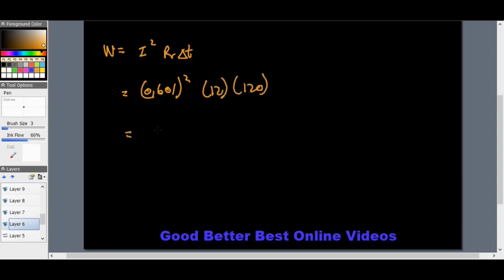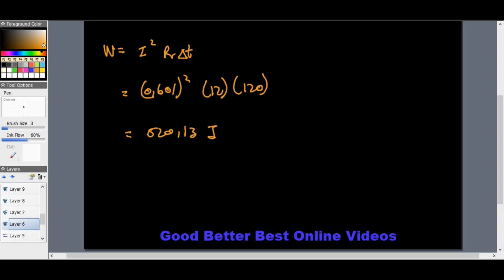If we add that in on our calculator and multiply it all out, 0,601 all squared multiplied by 12 multiplied by 120 will give us 520,13 joules.